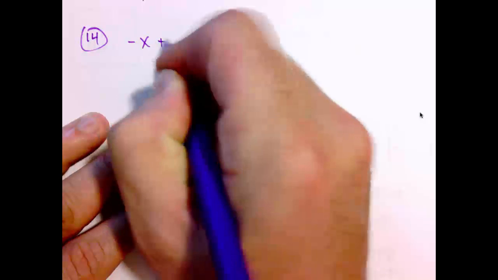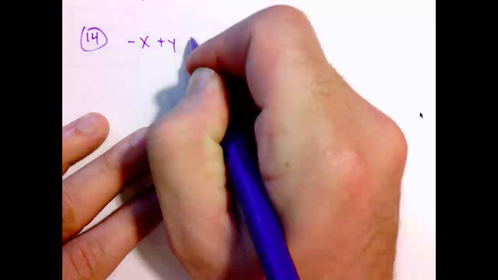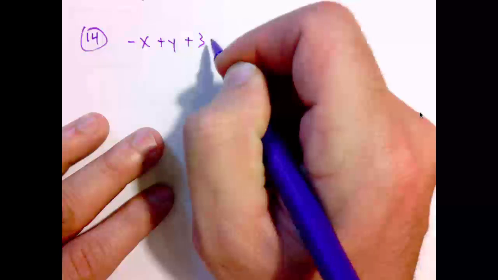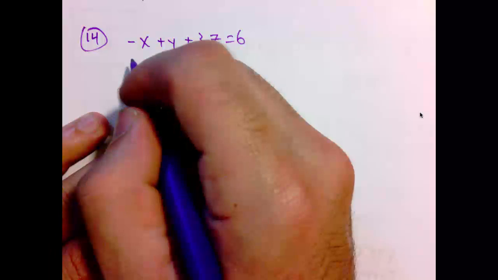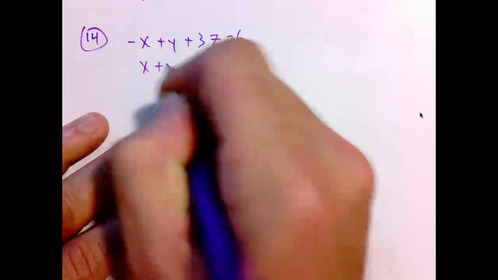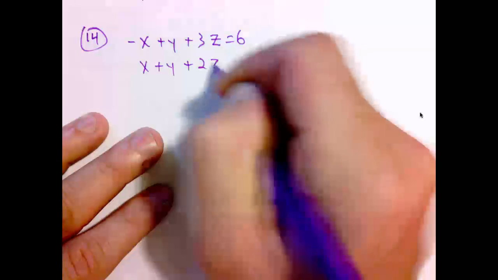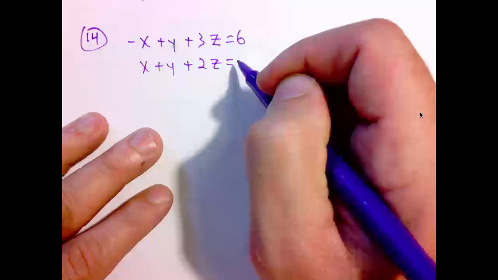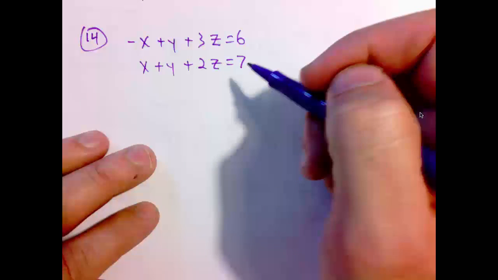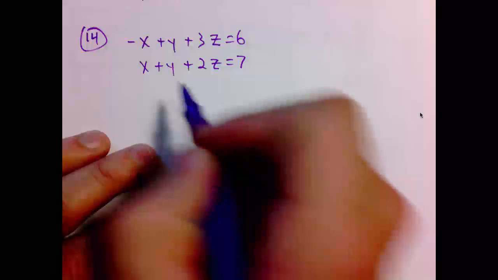They give us negative x plus y plus 3z is equal to 6. x plus y plus 2z is 7. And 2x plus 3y plus z is 4.